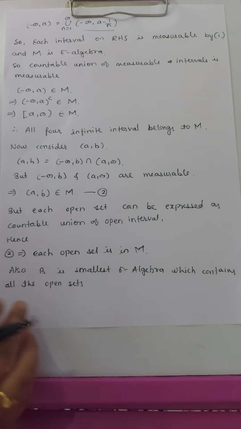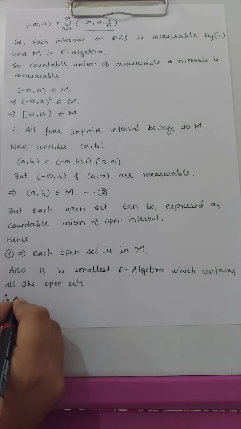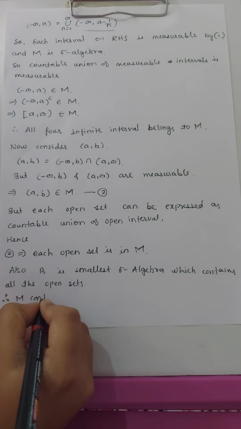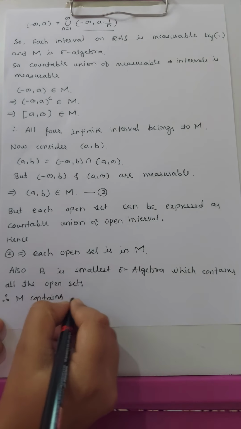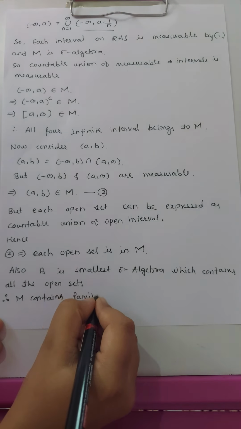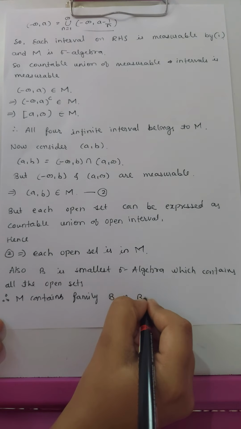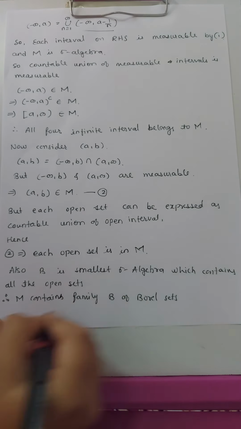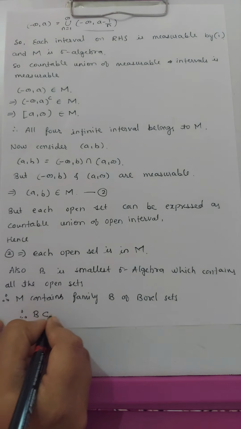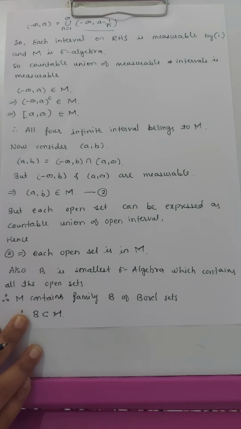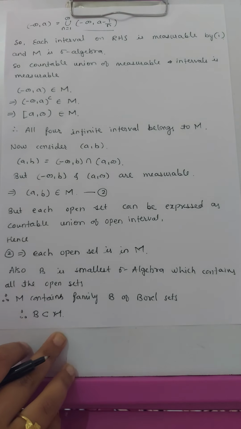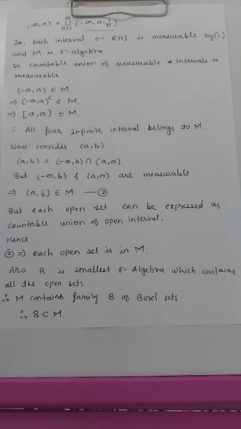So therefore M contains the family B of Borel sets, and therefore B is a subset of M, where B is the collection of Borel sets and M is the collection of measurable sets. Now also we have to prove that each open set and each closed set is measurable.